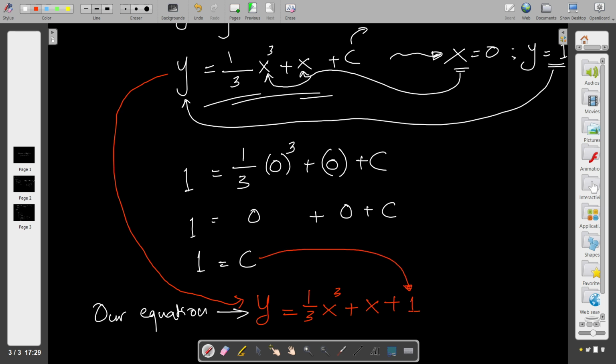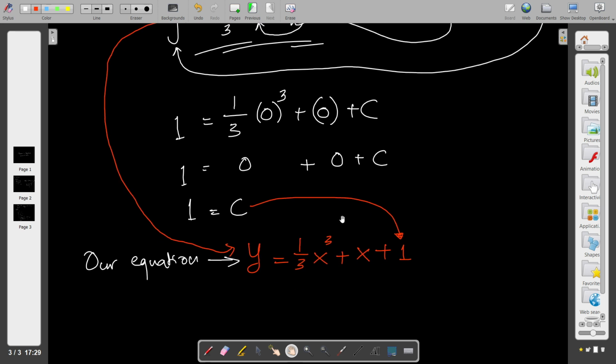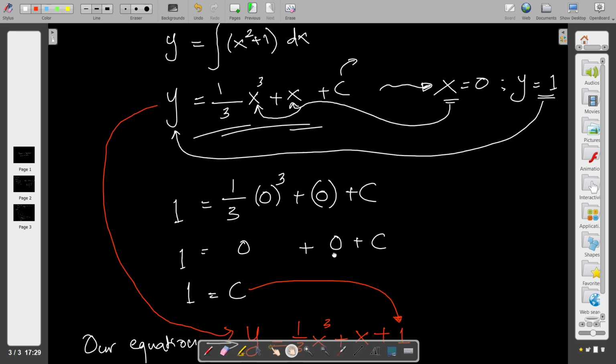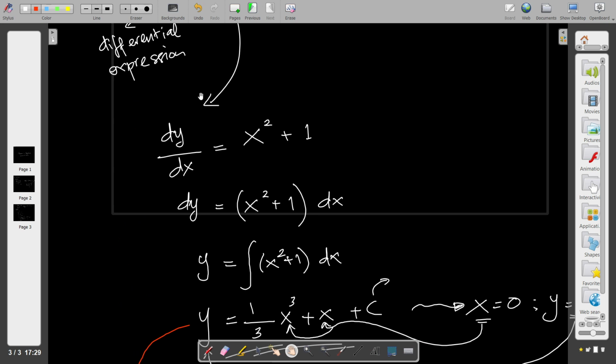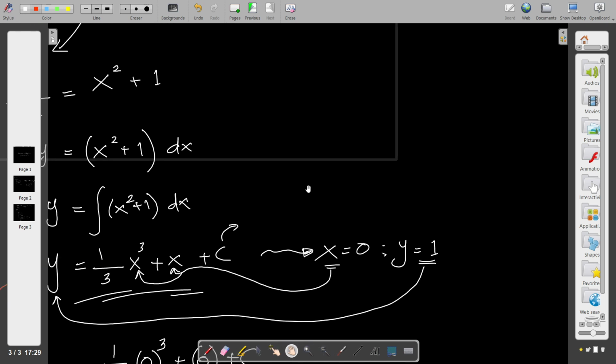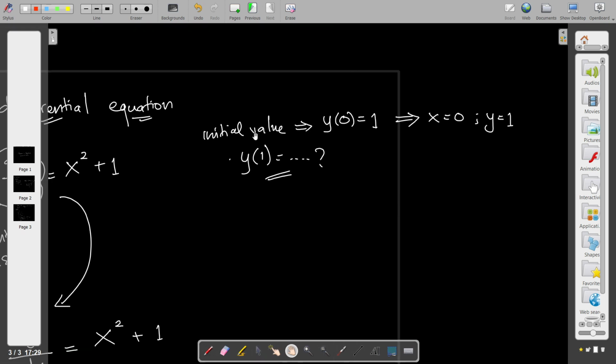So this is 1. Okay, so we have the solution for our differential equation, and now we are going to find the value of this.